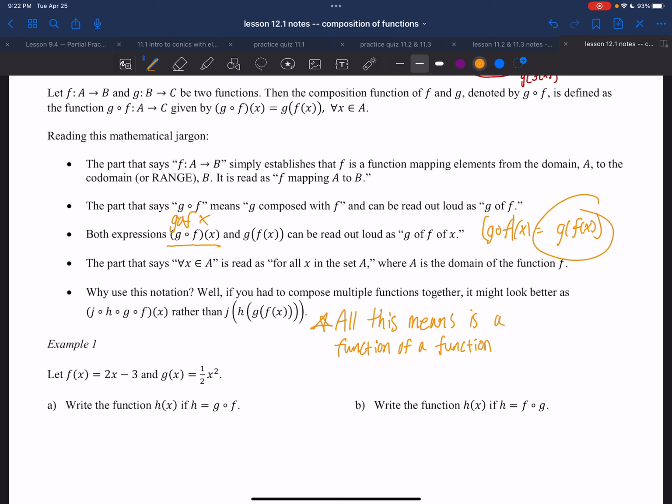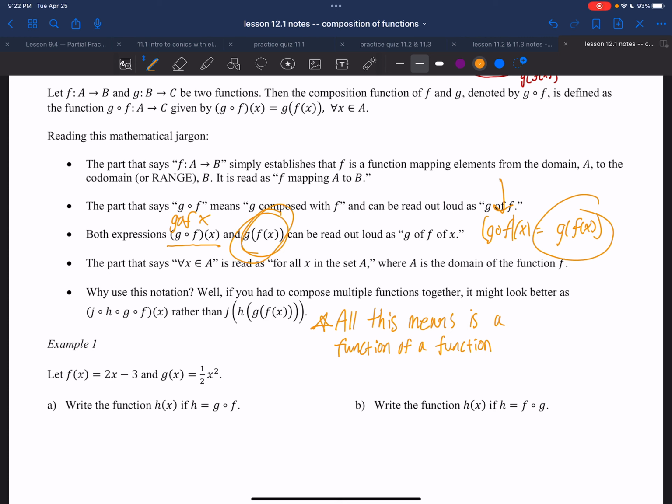Because if it's just two functions, it's not a big deal. I actually don't care if you use this notation that much. I am going to use it in some problems so that you get used to seeing it. But just understand that that's all it means, is f is a function that goes into g, okay? So just focus on that idea.